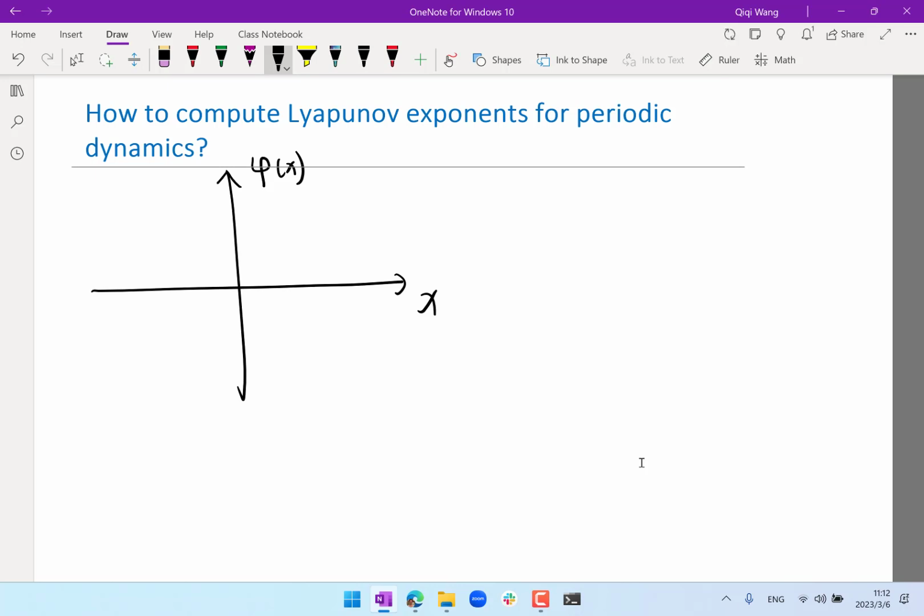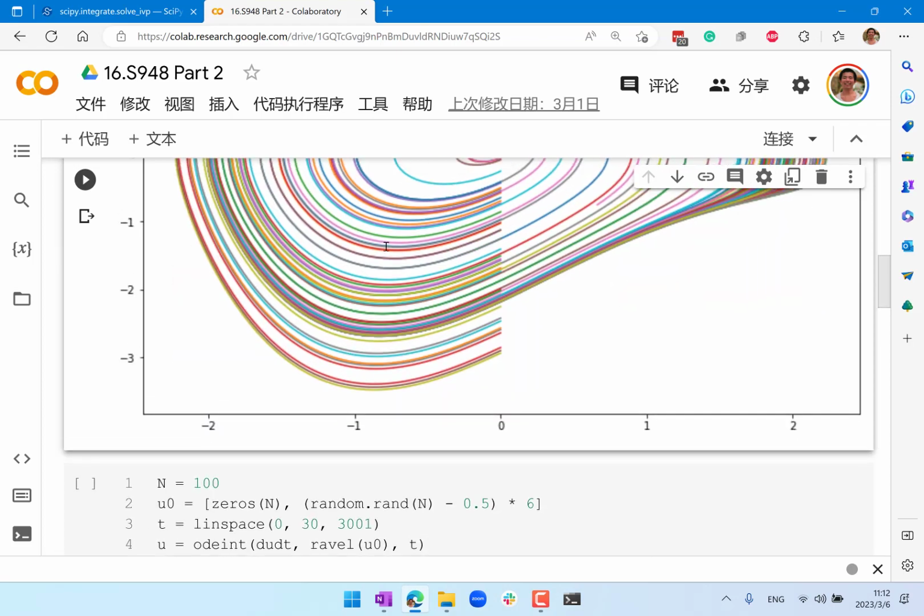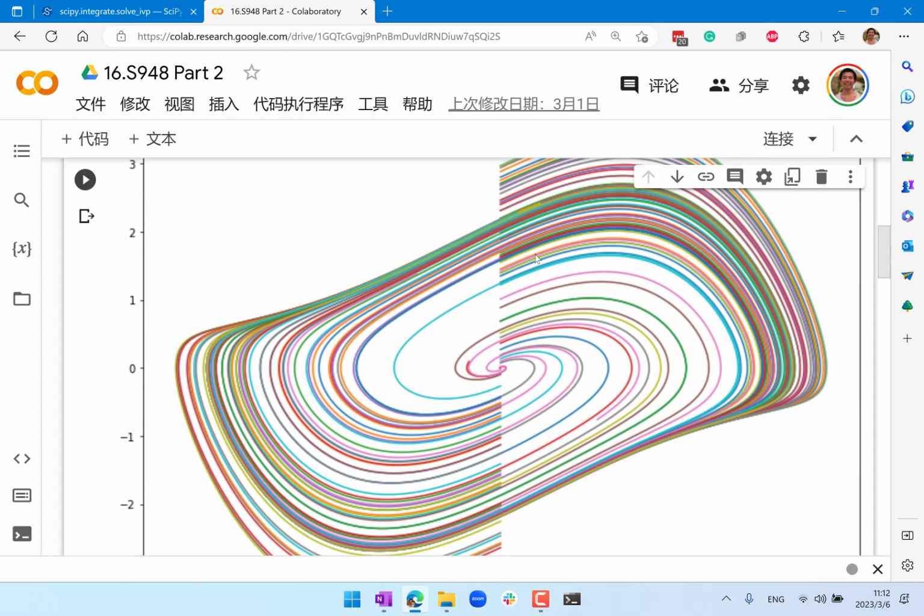Okay, so let's make the map like that, right? This is like the first return map of the van der Pol oscillator. If you remember, last time we plotted a bunch of trajectories of the van der Pol oscillator and looked at where the trajectory would return to the Poincare section of x equal to 0.